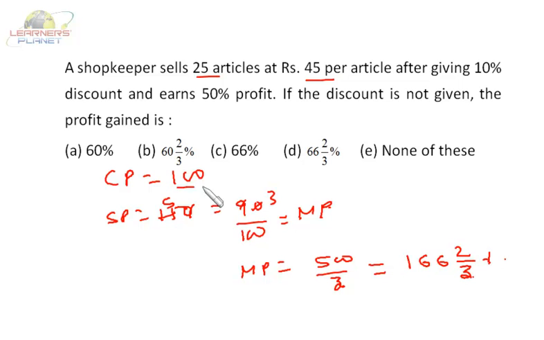Now cost price is 100 and the mark price is 166 2 by 3. That means 66 2 by 3% is the profit. I hope you are clear. Friends, we do not require these data since we are asked the profit in terms of percentage. So we can assume the cost price to be 100.